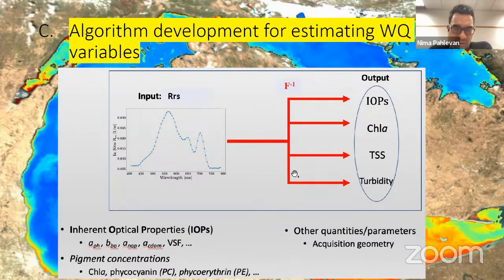There are various flavors of algorithms to enable this sort of translation and conversion. And again, Daniel will be speaking about one specific way of retrieving turbidity or TSS from RRS spectra. So I won't spoil the whole discussion there, but overall the idea is to be able to retrieve different water quality indicators, the ones that impact the color of water, from RRS observations or derivatives of satellite measurements. Next.